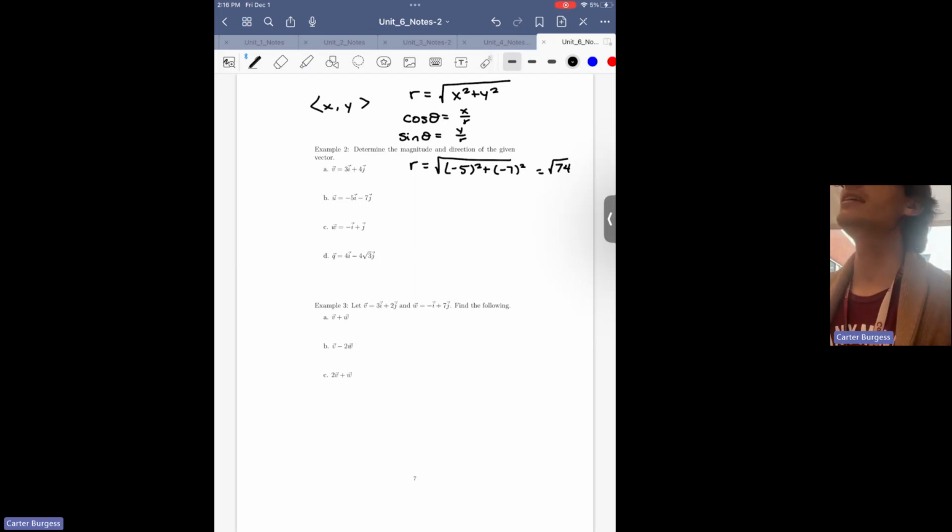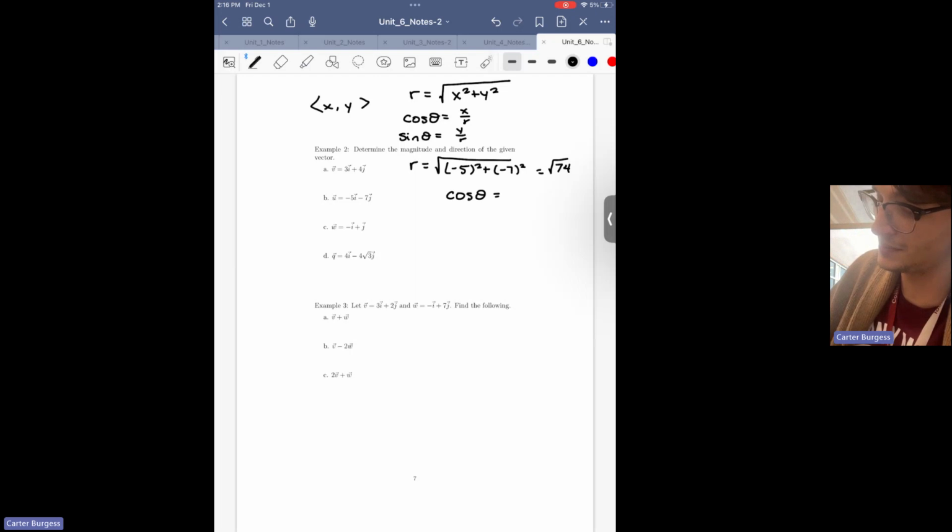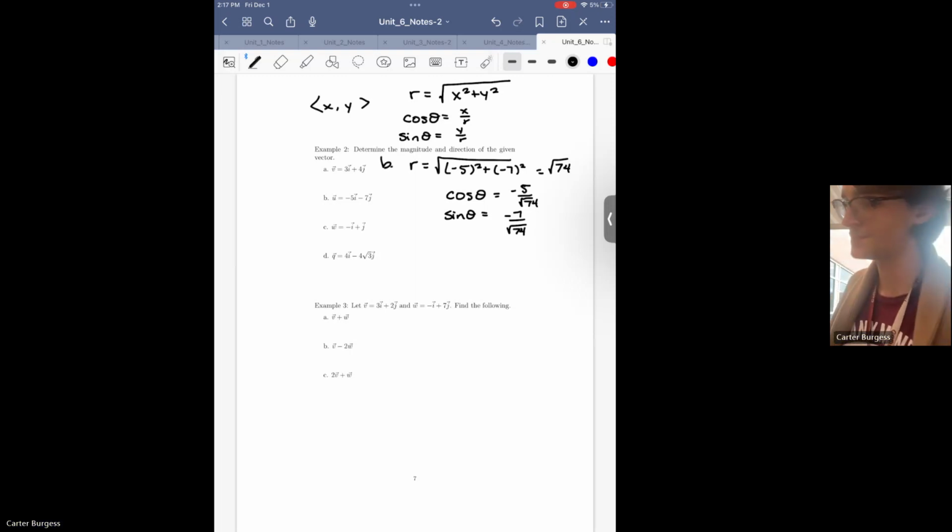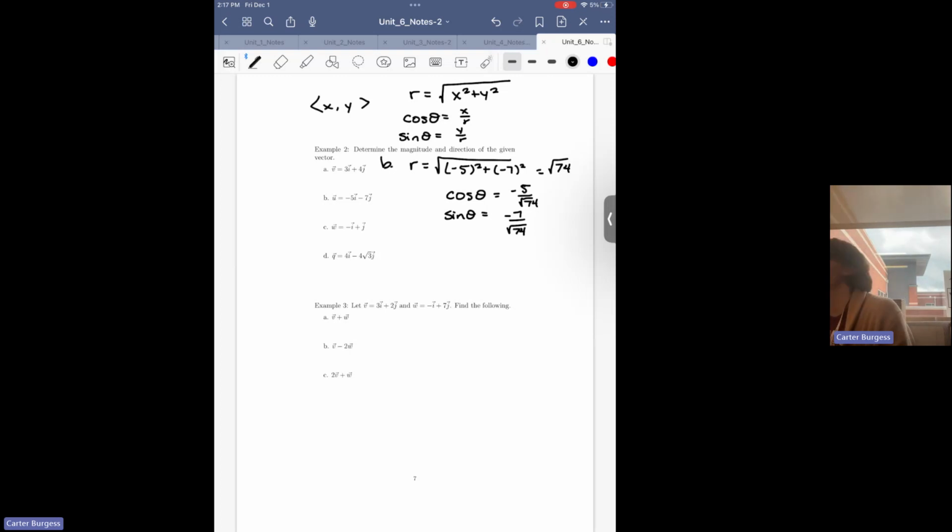And so what are the sine and cosine equations that I get? What is cosine of theta and what is sine of theta? Very good. Okay, so we don't know this, obviously. This is not on the unit circle.